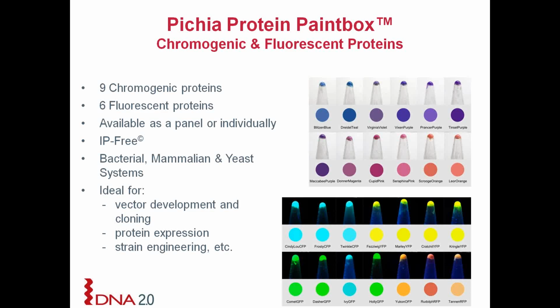They're bright, they're very stable. Sometimes that's a good thing or a bad thing depending on what you're trying to do. But they've been extensively characterized, so I highly encourage you to visit the products tab on the website where I showed you the chromogenic and fluorescent protein tab, and you can find which colors are available for which host system you're working in and more characterization data on each.